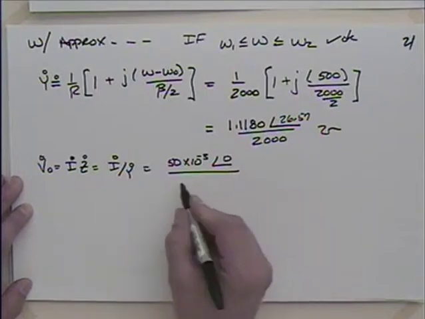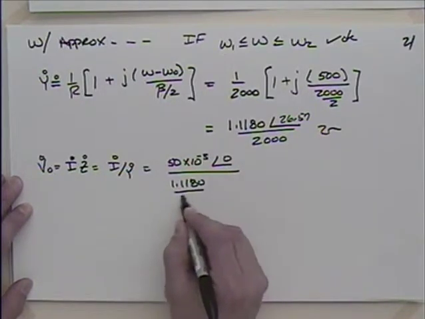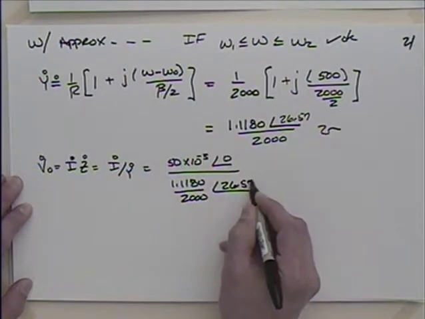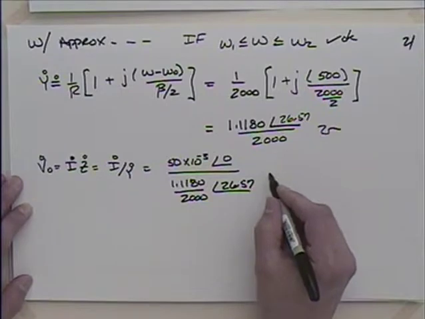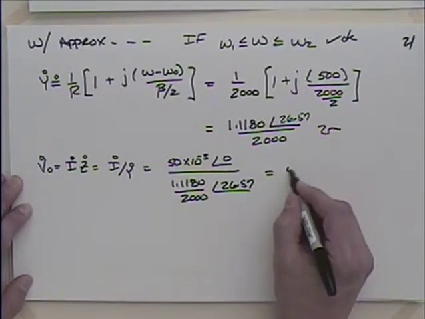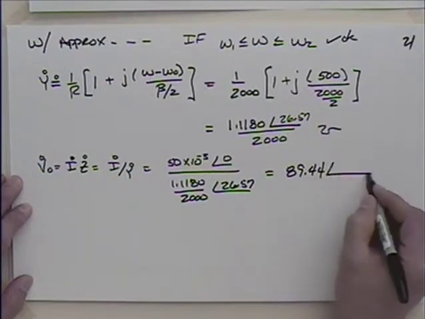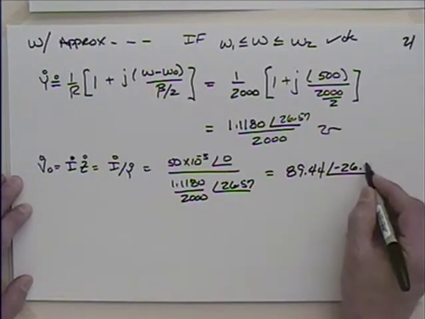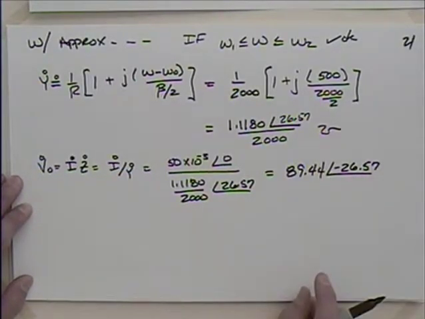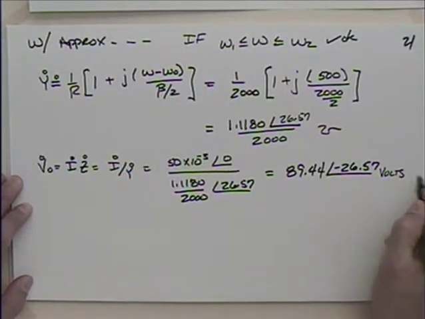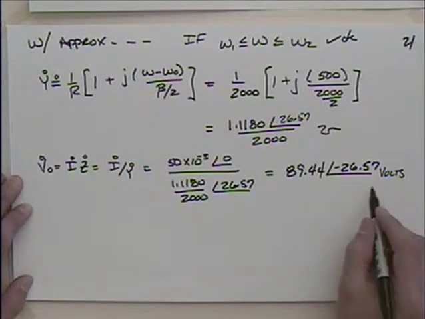And then I'm dividing this by 1.1180 over 2,000, an angle of 26.57. So this turns out to be 89.44 at an angle of minus 26.57. That would be volts. And this is approximate.